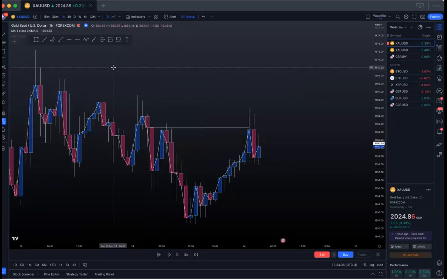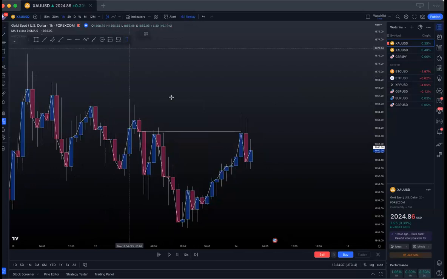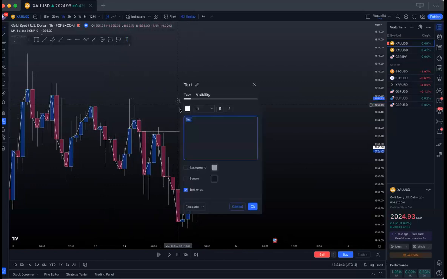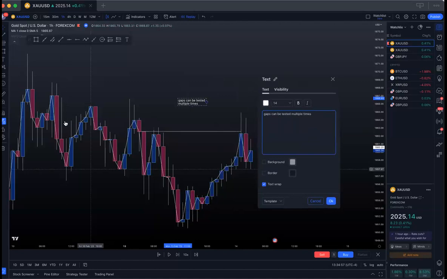Oh, okay. So I guess this is one thing that I could tell you with a deeper understanding of gaps: gaps can be tested multiple times. You're gonna see with your assignment that sometimes gaps are tested 3, 4 times and they still work.